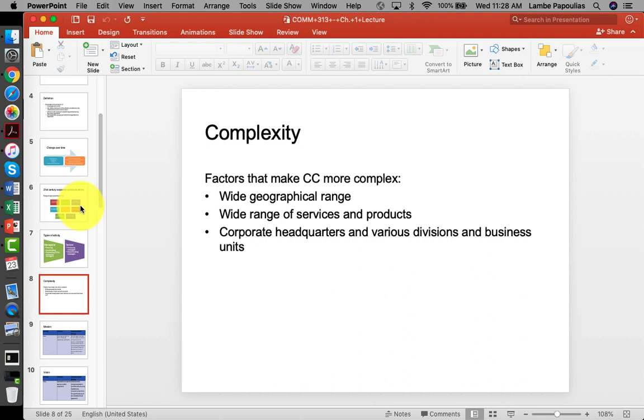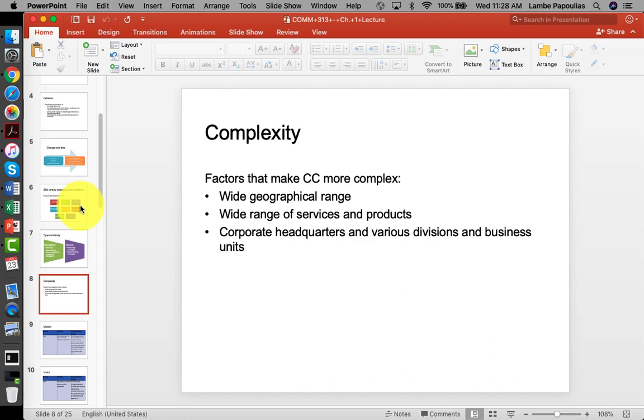There's also a wide range of services and products. Nowadays with digital communication, it's easy to ship things worldwide. It's easy to communicate with clients in New York. There's a wide range of services and products nowadays in corporate communications, where it's important to have a good understanding of how to communicate to these internal and external stakeholders. Also, corporate headquarters and various divisions and business units.